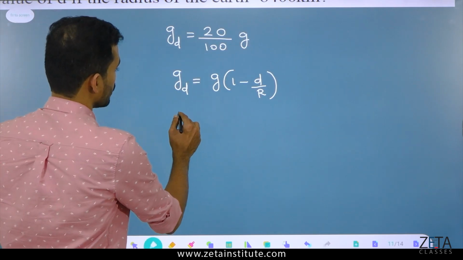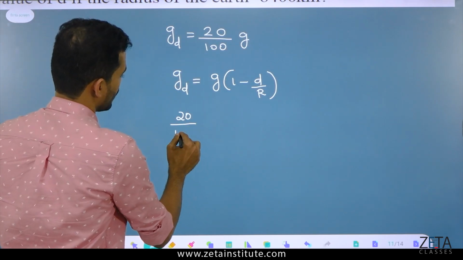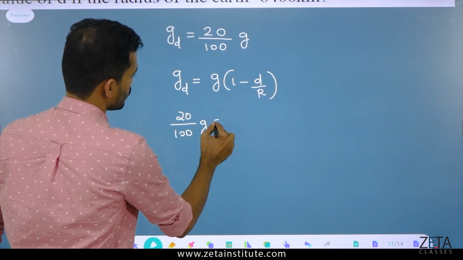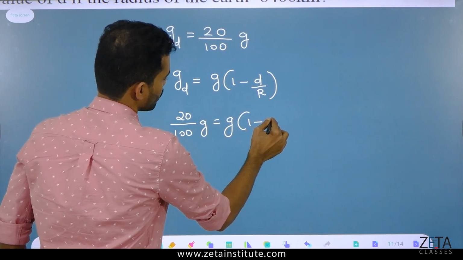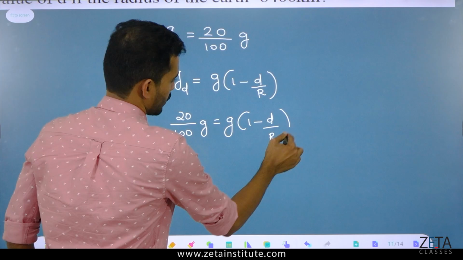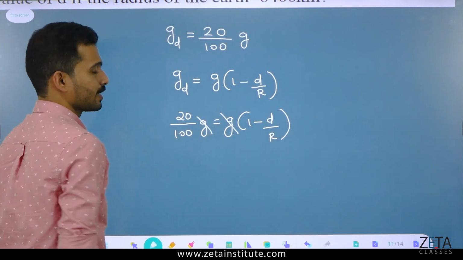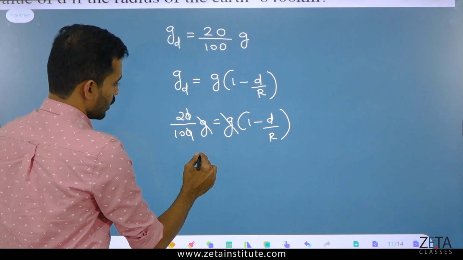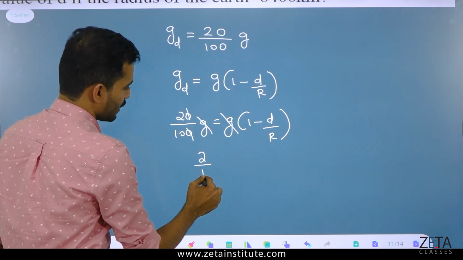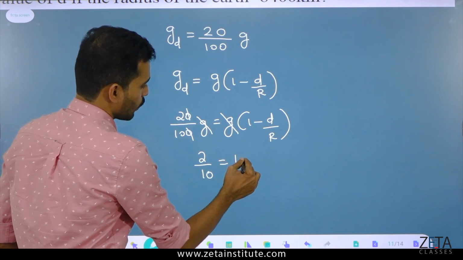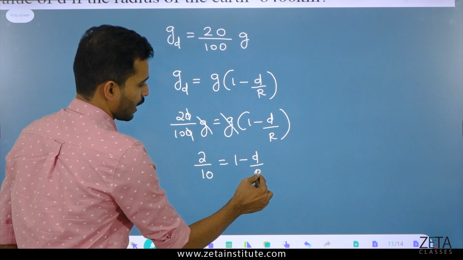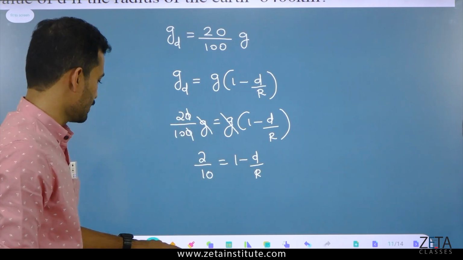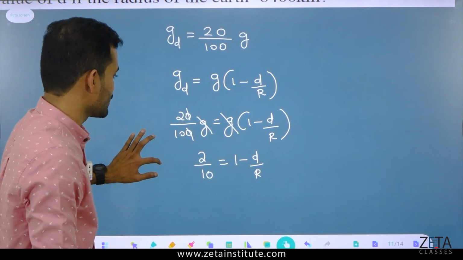So we can write 20 by 100 into g is equal to g into 1 minus d by R. So g can be cancelled, a 0 can be cancelled, that is 2 by 10 is equal to 1 minus d by R.